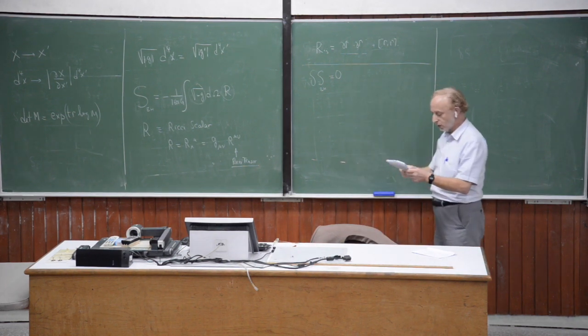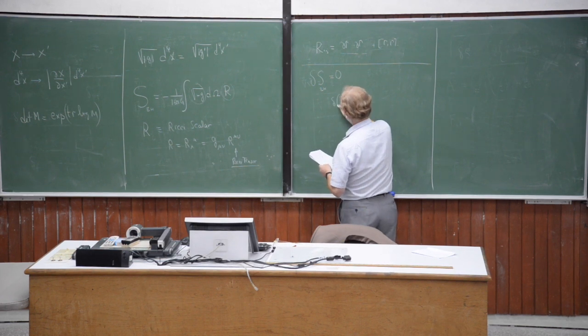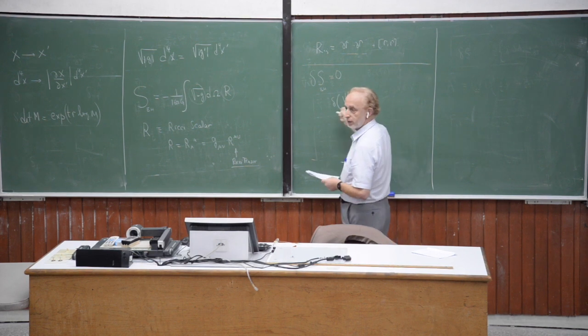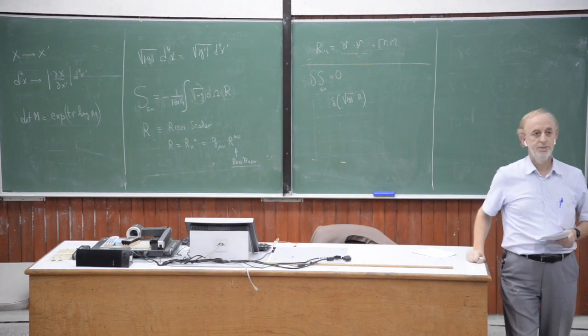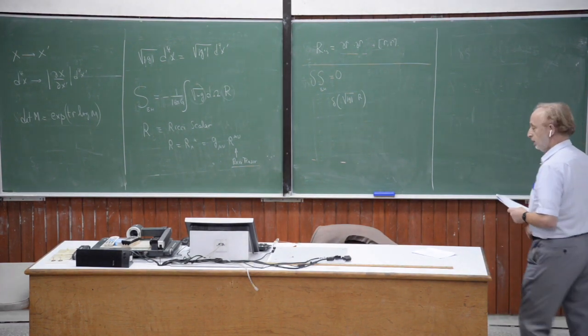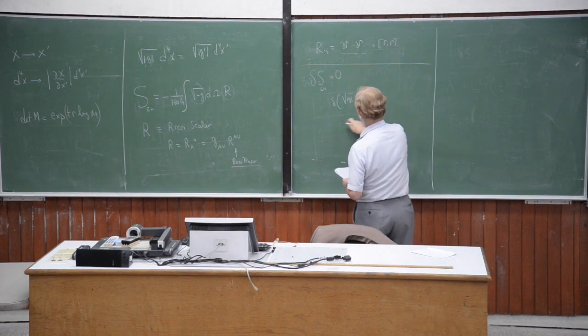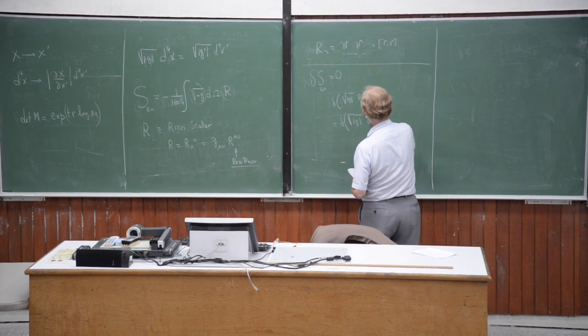So when I say this is zero, I have to find delta of square root of G R. This is what I have to calculate. Now what is that? There are a few things here. So I have to write this as delta of square root of G, G mu nu R mu nu.